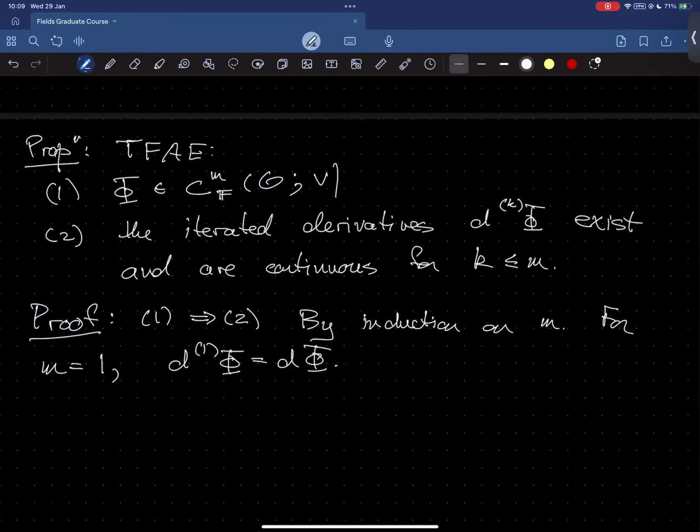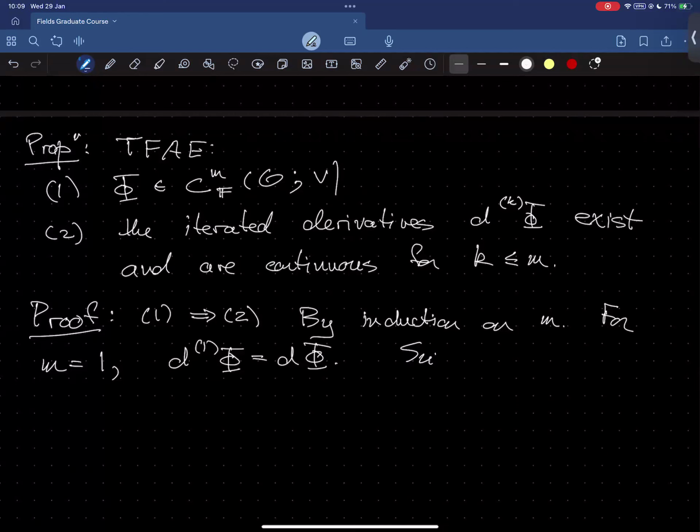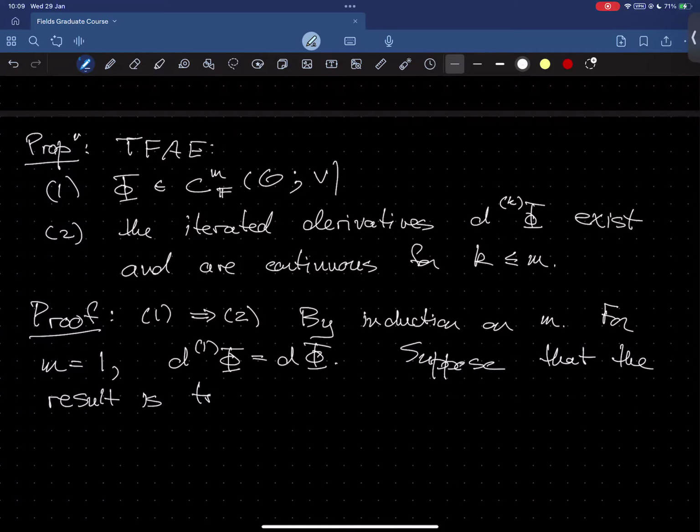Now let's suppose that the result is true for m equals r.